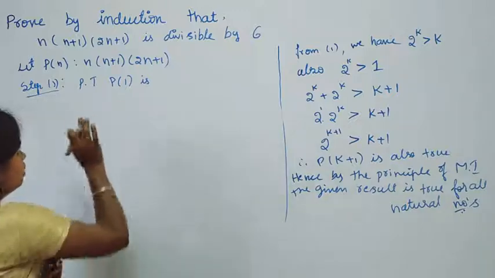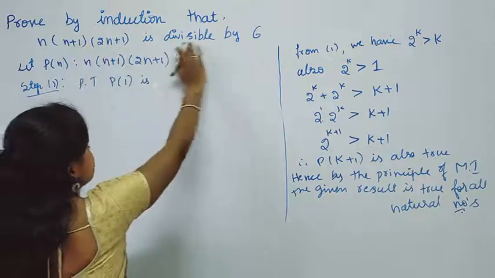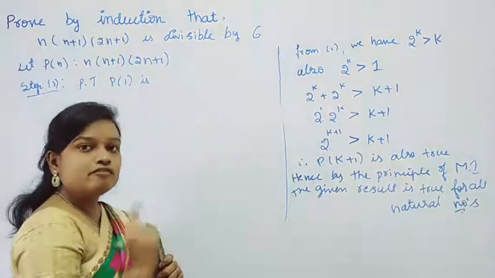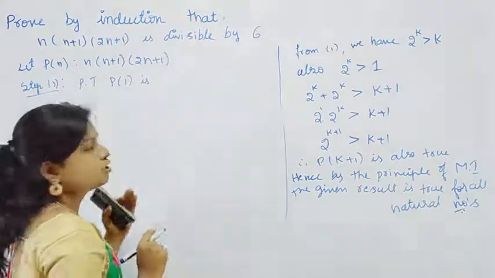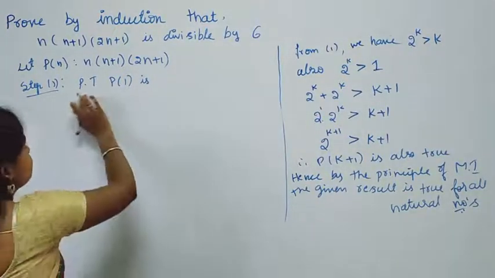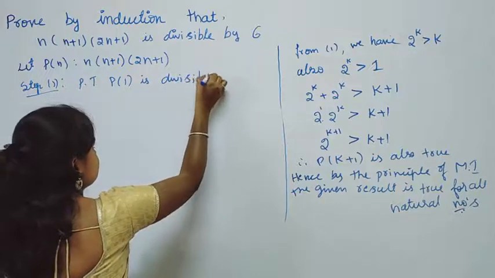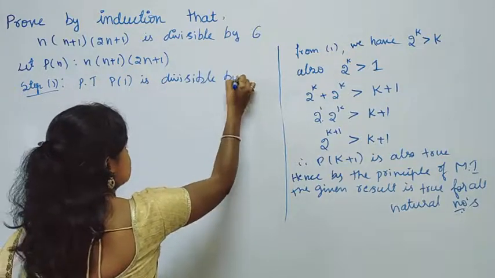So we have to show that this is divisible by 6. So in the first step we have to prove this is true for n is equal to 1. That is, we have to show that P of 1 is divisible by 6.